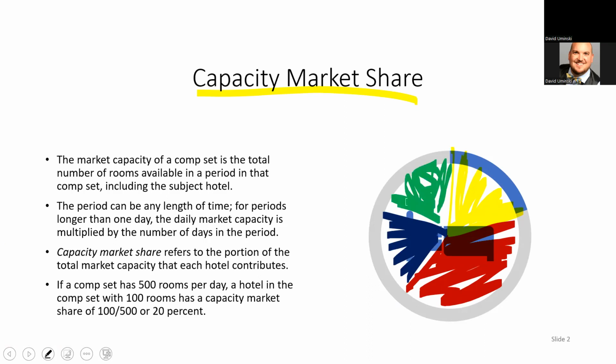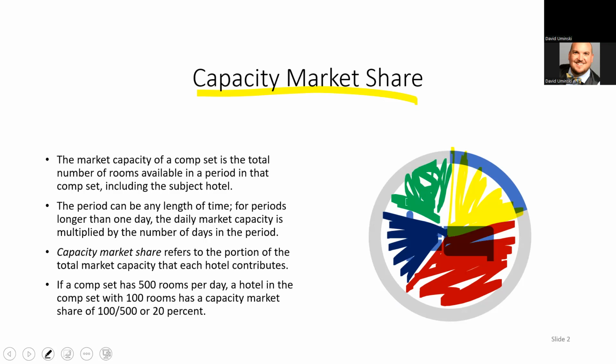So we have a capacity within the entire market. And so we're gonna go through this together all at once. But if you look at column number 2, those are all the rooms that they have in each hotel.